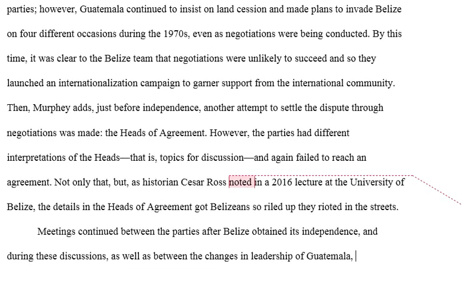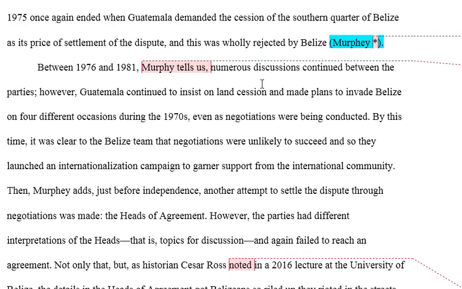Good. You'll notice also that the present tense is used for most of the attributive verbs in this outline of the historical information and the presentation of the research, which is a very common rule in academic writing when we're summarizing or reviewing a published source, such as an article, a book, a novel, a movie.